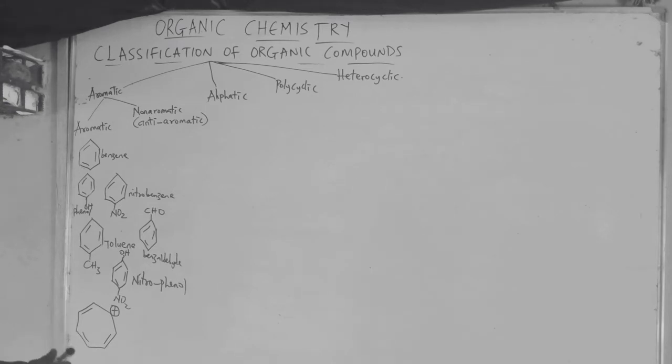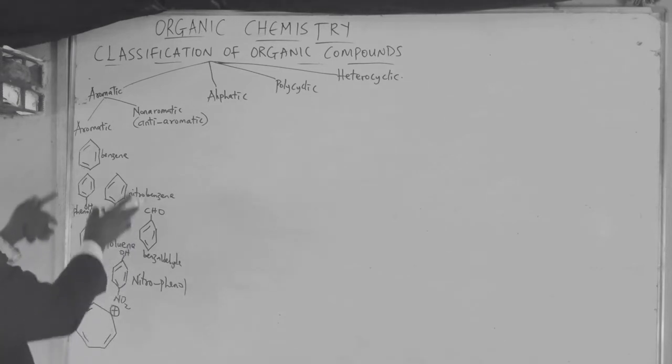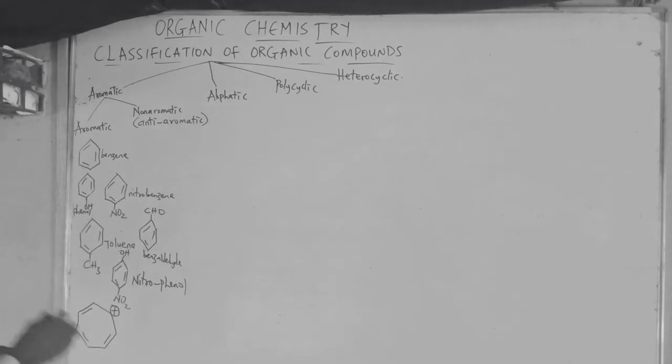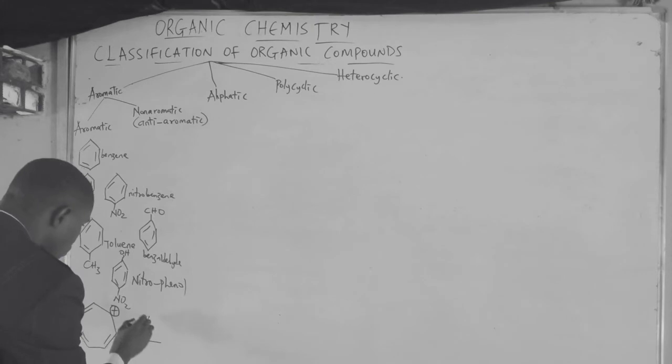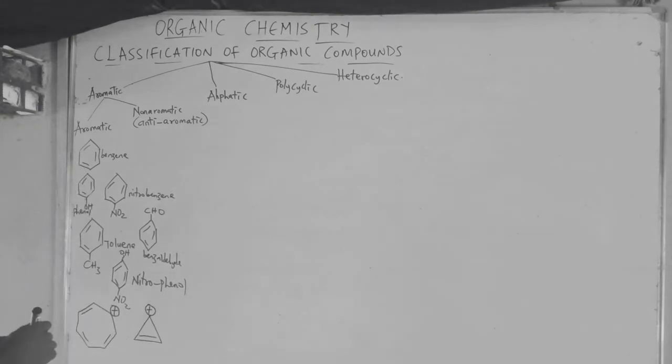Why do we say that these are examples of aromatic compounds? Also, these compounds are also known to exhibit this. Why do we say that these are aromatic compounds?